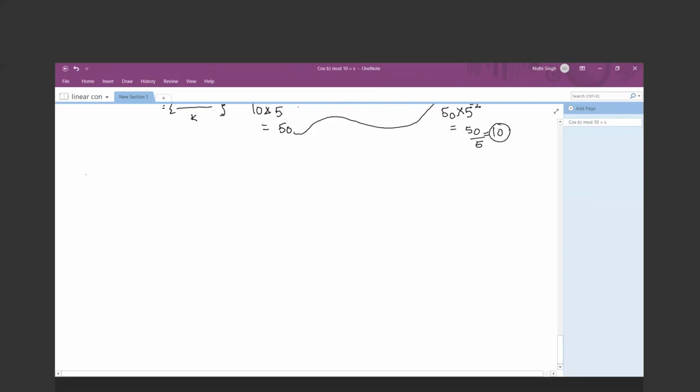Now the linear congruence says that we need to solve certain equations which are linear in nature, okay?